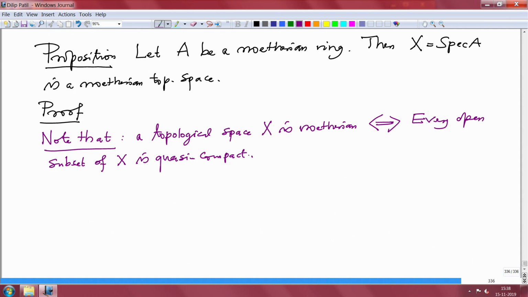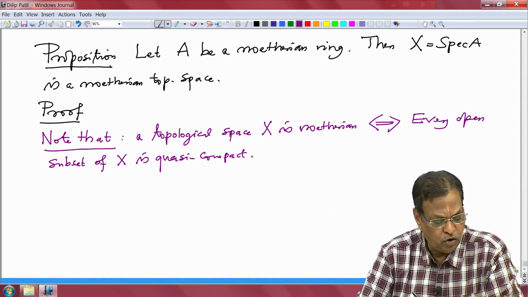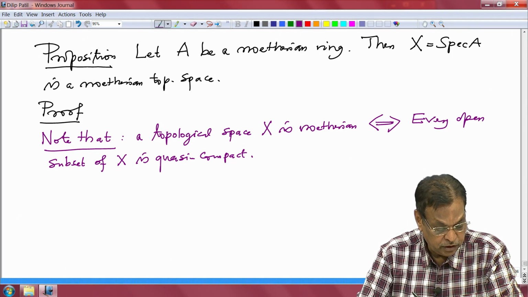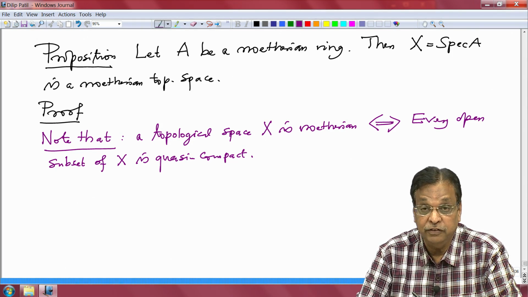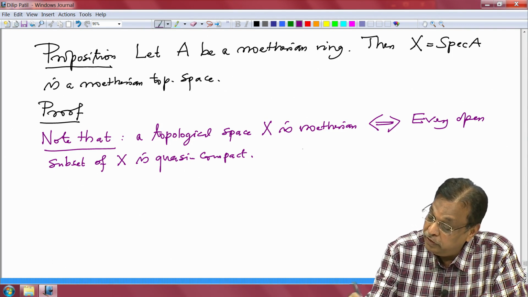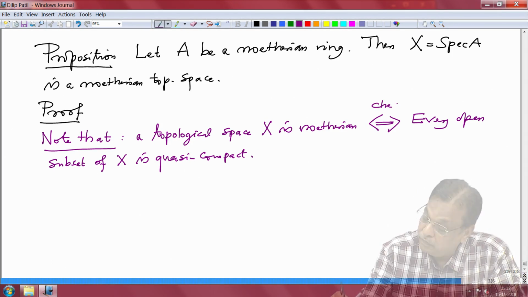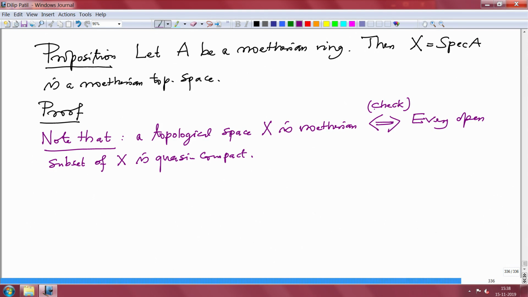This will follow almost from the definition, namely the non-empty open subsets satisfy ACC, you can use that. So these I will just say check. Alright. So we want to prove that this X is a Noetherian topological space. So that is precisely what I want to prove, that every open subset is quasi compact.